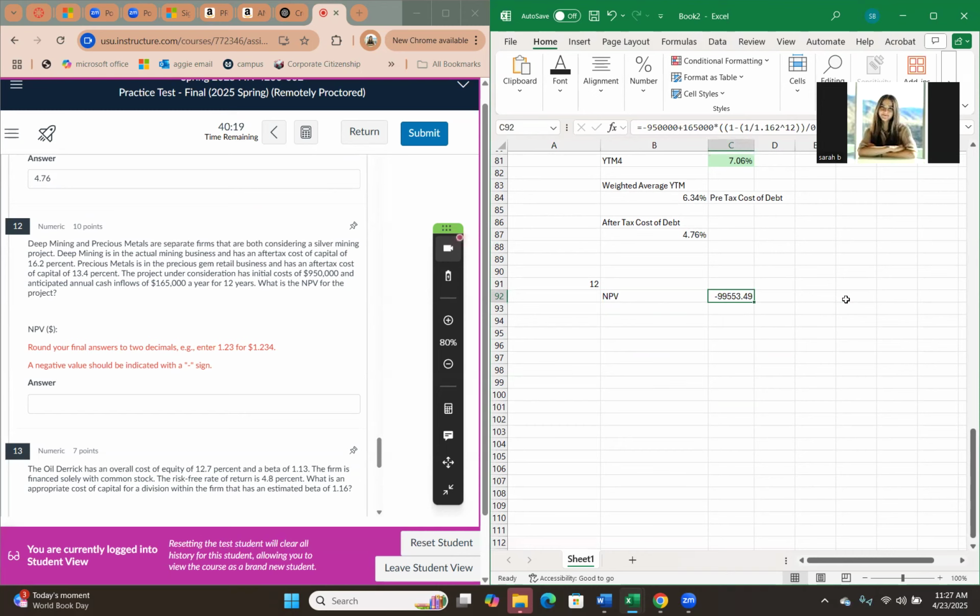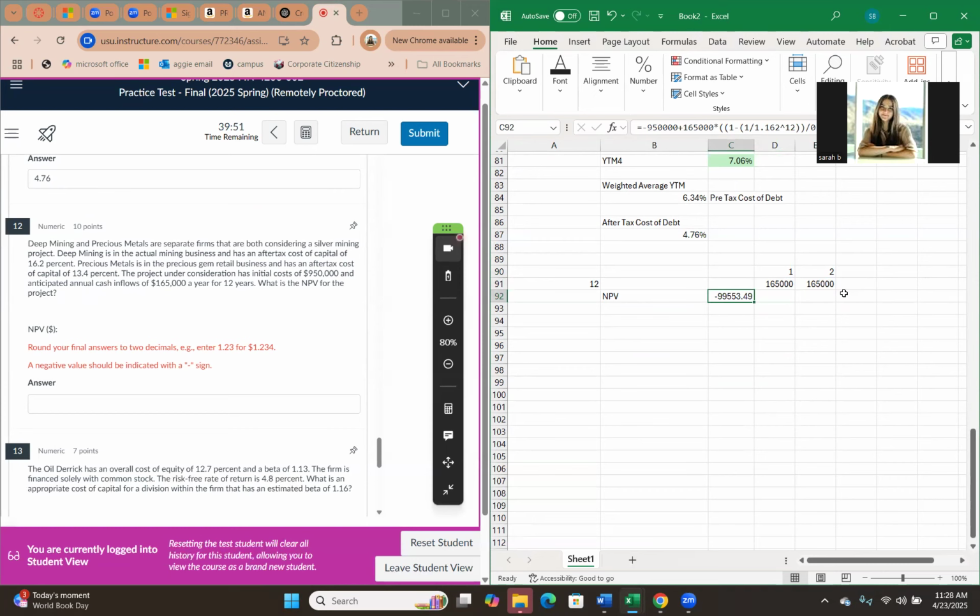If you wanted to, you could write out 165,000 for 12 years, year one, year two, and then you could just do equals NPV of those cash flows with the rate of 16.2%, and you could get it that way.